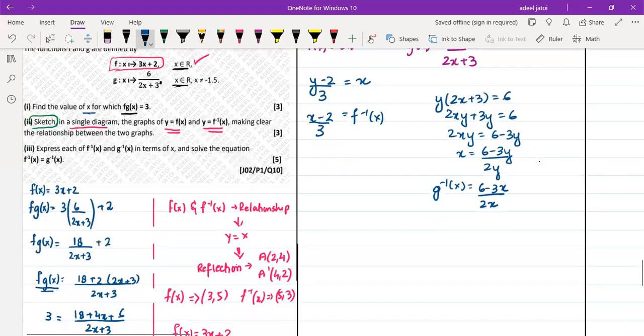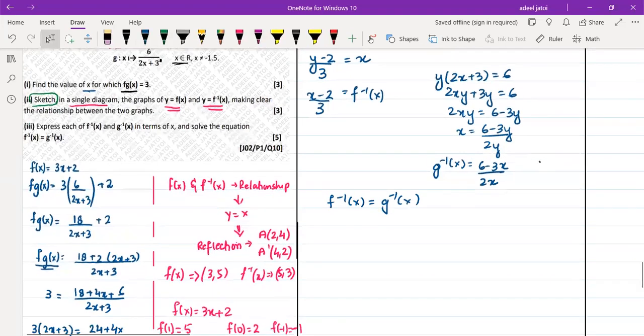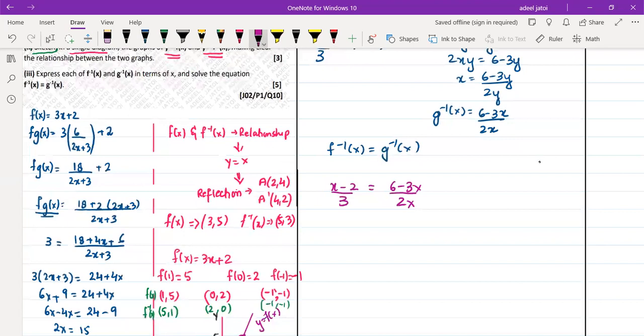Now, can I say the question clearly mentioned that f inverse of x is equal to what? g inverse of x. So the expression for f inverse of x is (x minus 2) upon 3. g inverse of x is (6 minus 3x) upon 2x. Can we just multiply this 2x on the other side? Because of equal to, there will be cross multiplication. This will be written like this.